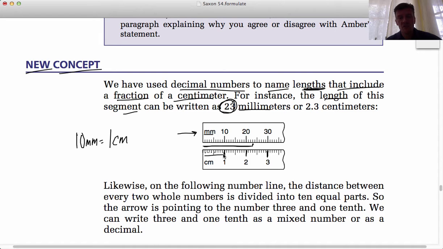So in this case we have 1, 2, and then since we're talking centimeters here, each of these marks is a tenth of a centimeter. So 1, 2, 3 would be 2.3 centimeters, which is the same as 23 millimeters. Okay? A millimeter is 1/10. 1 millimeter is 1/10 of a centimeter.